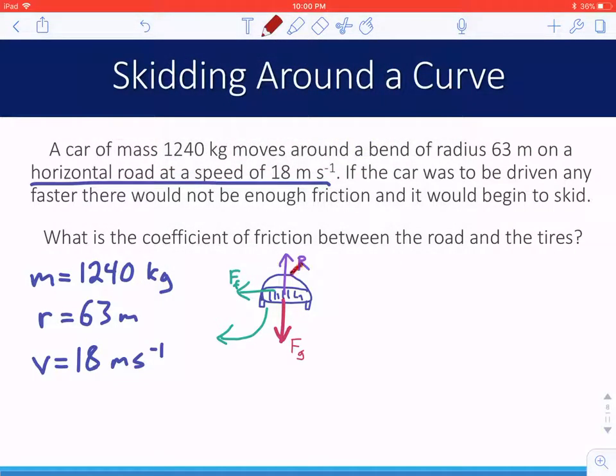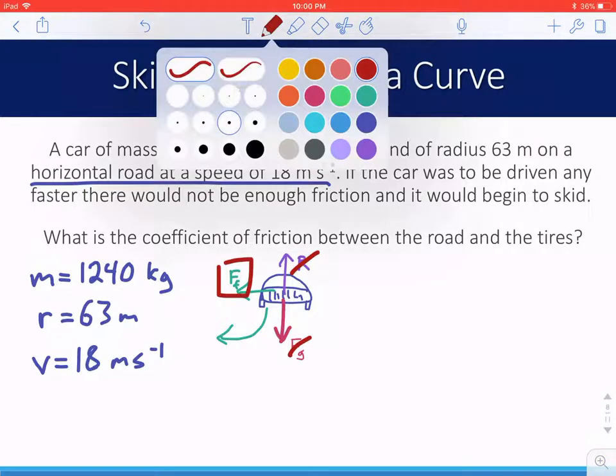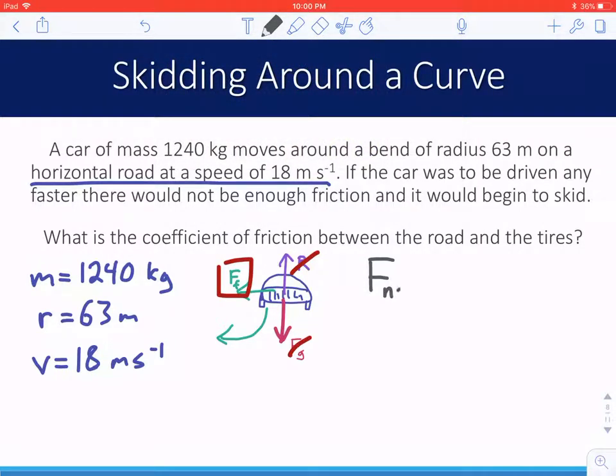We have two forces that cancel each other out, and we're left with one force that makes up the entire net force acting. So this net force, which, since it's an object moving in a circle, is equal to the centripetal force, is entirely given by F_F, the force of friction. That is the only force that is left acting on this object.